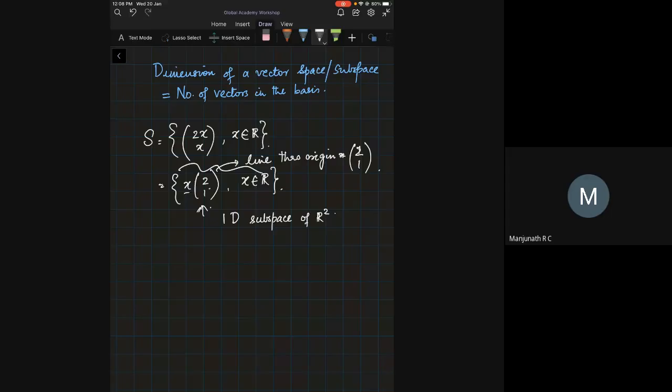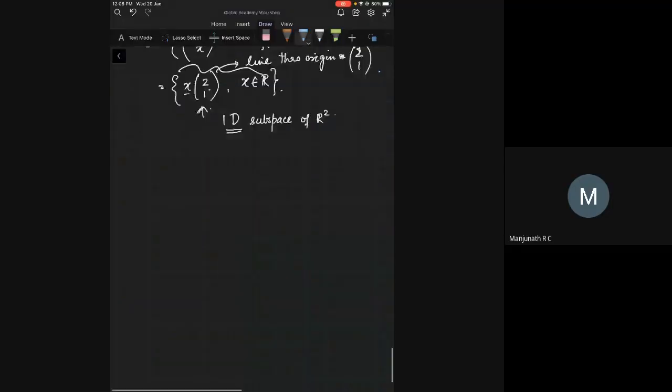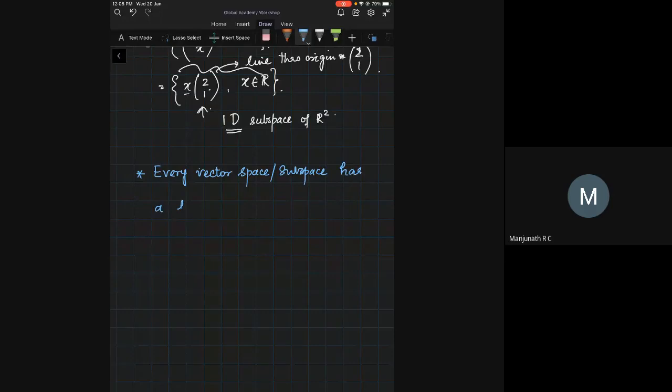Now, what we conclude is this. Every vector space or subspace has a basis. Not just that, it has infinitely many bases.